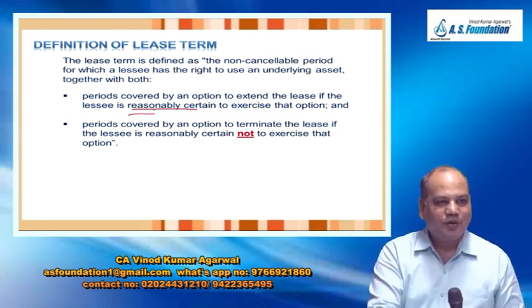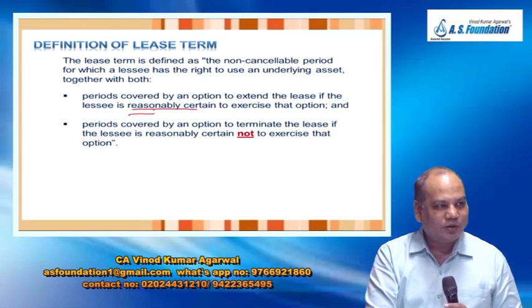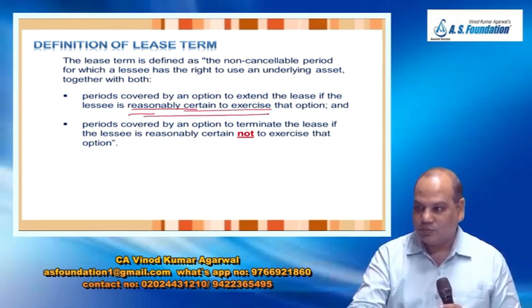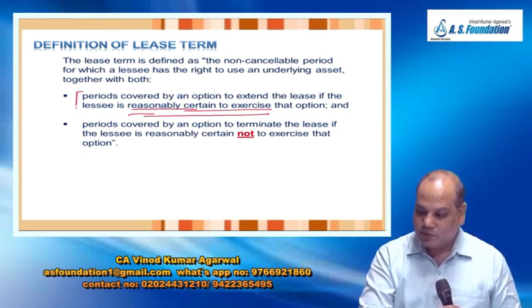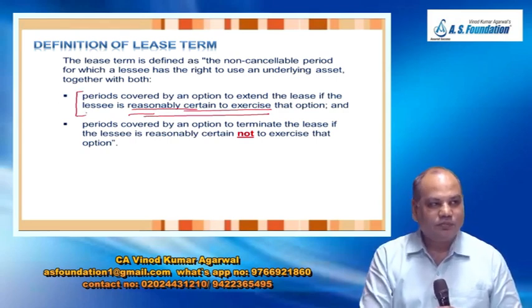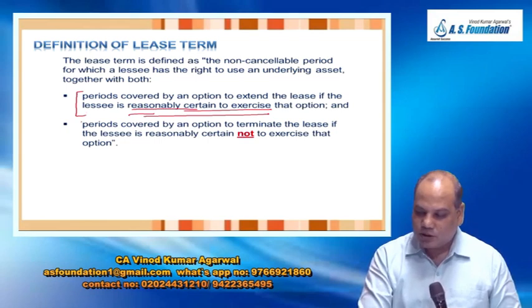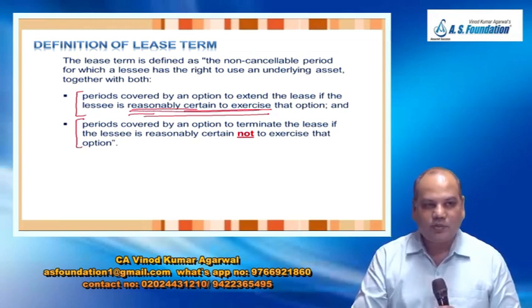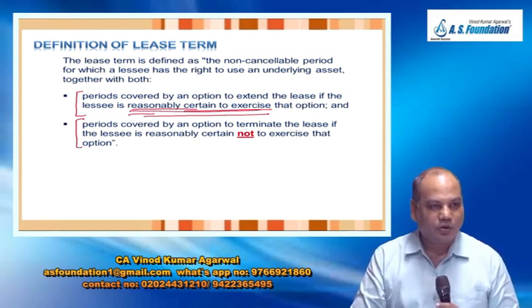Again you have to start at a new place. So all those factors will be taken into account. So this does involve subjectivity. As far as you are concerned, they will give you enough hint so that you can judge whether it is reasonably certain to exercise the option or not.